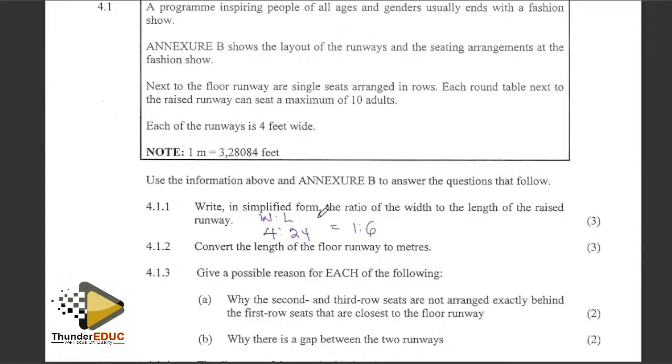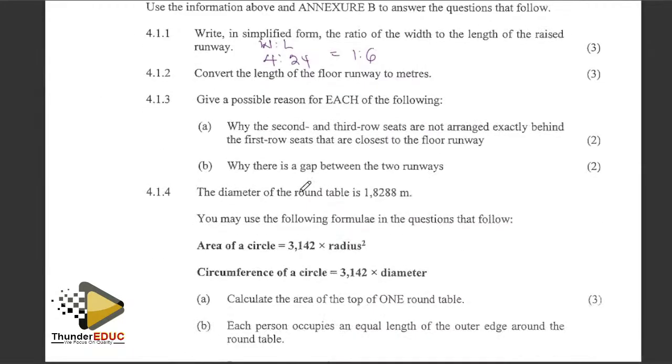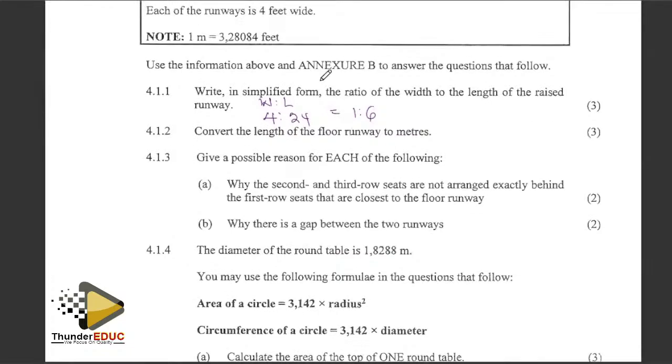Convert the length of the floor runway to meters. We are converting the length of the floor runway to meters. They have already told you that if you have 1 meter, you have... all right. Now we're going to convert the length of the runway. Remember, it's already in feet.